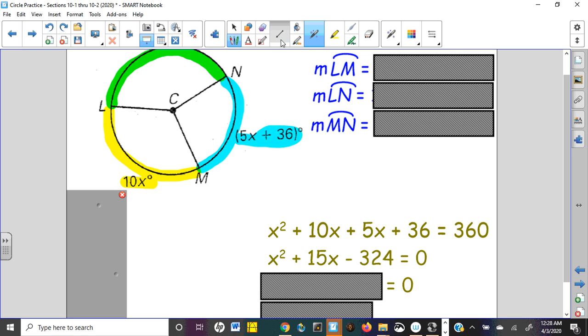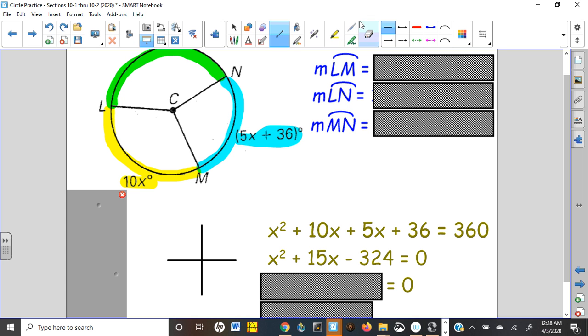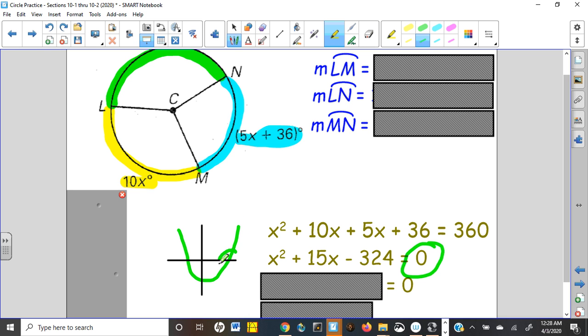The tech way of doing it, and you'll do this a lot in Algebra 2, is to graph it on your calculator, and you'll get a parabola, and then you look to see where your parabola is equal to 0. We call those the roots, where it crosses the x-axis when y is equal to 0. And so that's the way that you'll do a lot in Algebra 2, especially when the answers are not integer values.